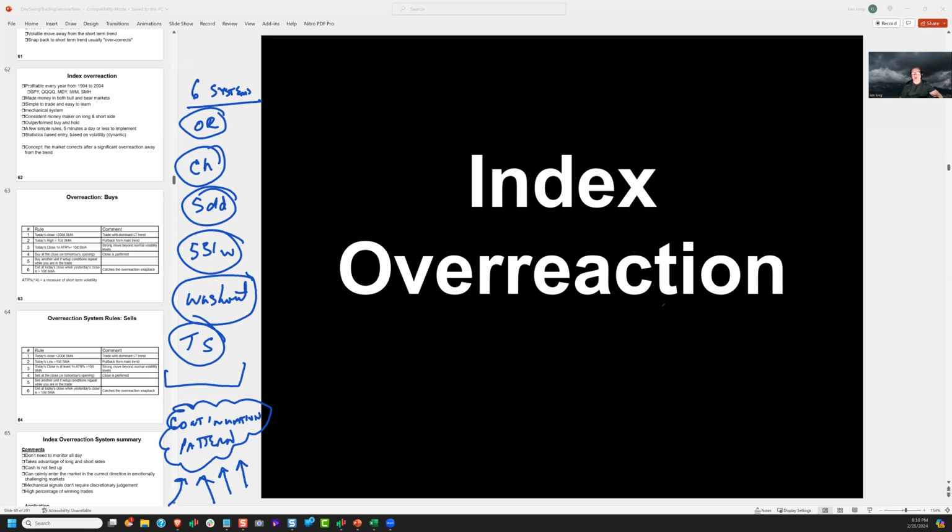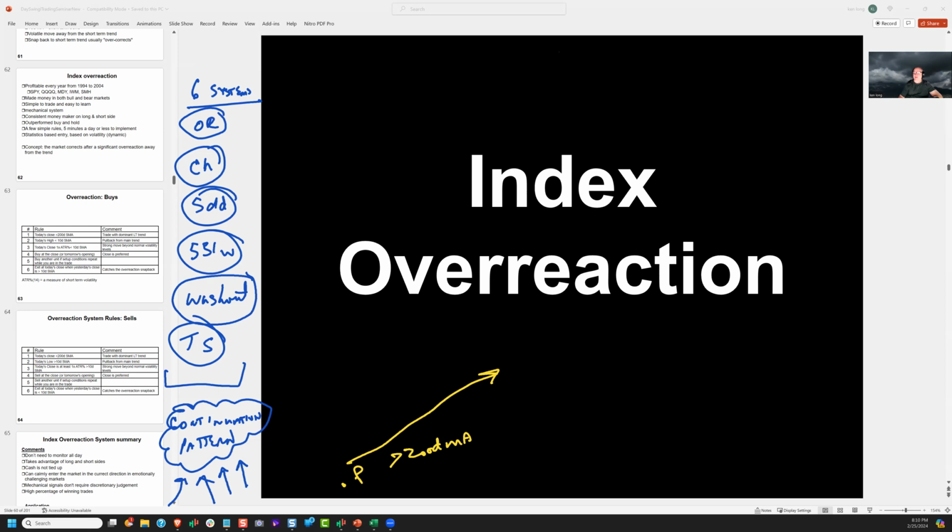Okay. So the first one is the overreaction. Now, the idea of the overreaction is that we have a strong trend greater than the 200-day moving average, so price greater than the 200-day moving average.